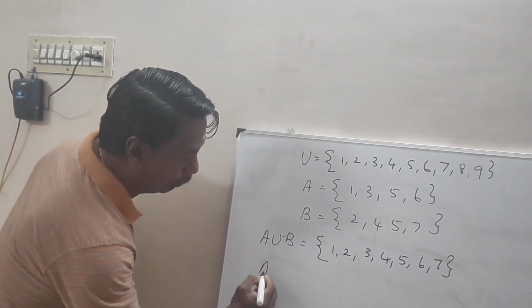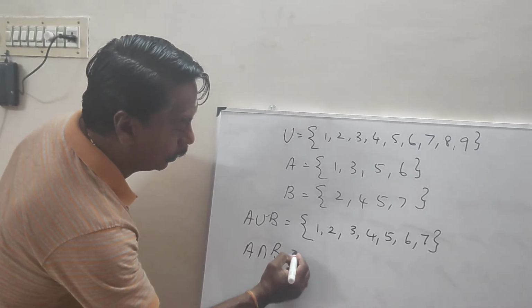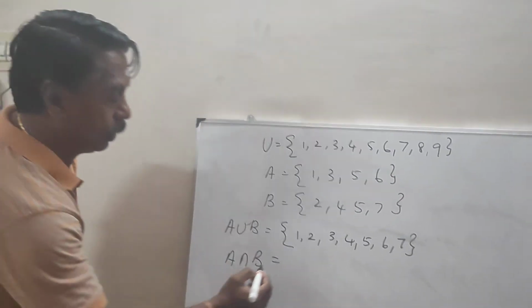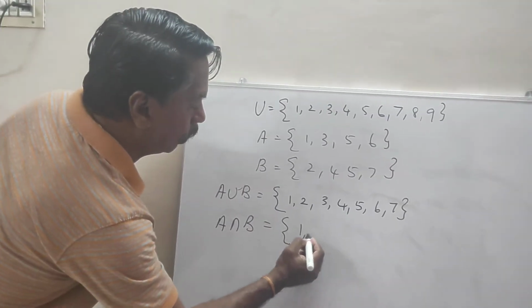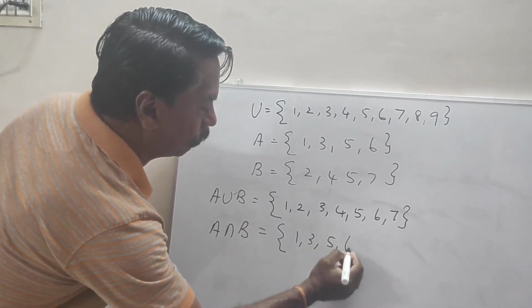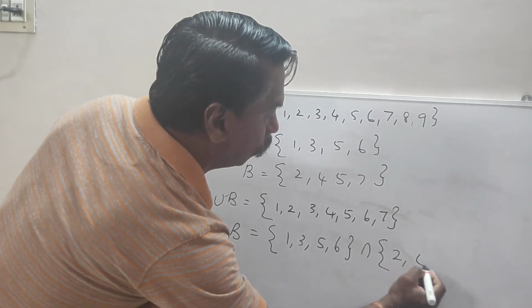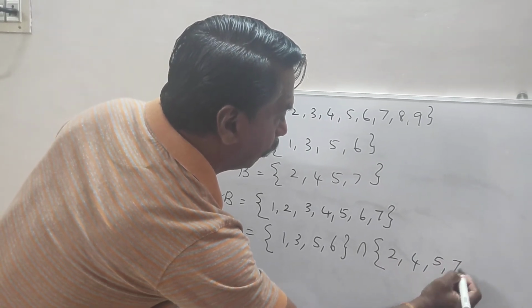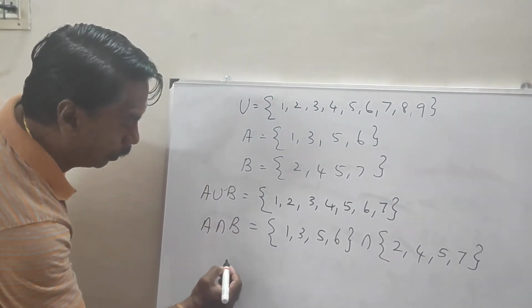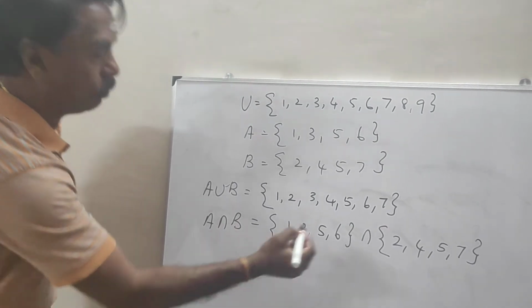A intersection B. A is 1, 3, 5, 6 and B is 2, 4, 5, 7. Now what is common to both A and B?